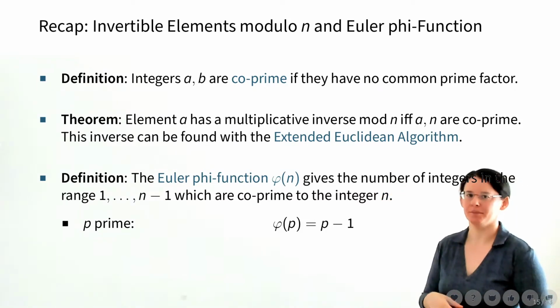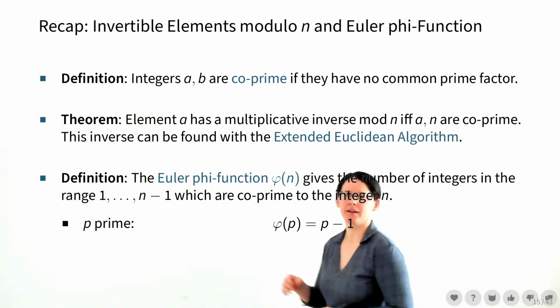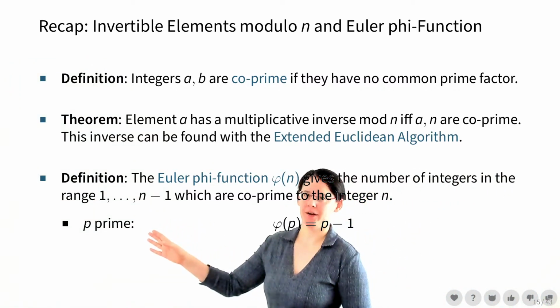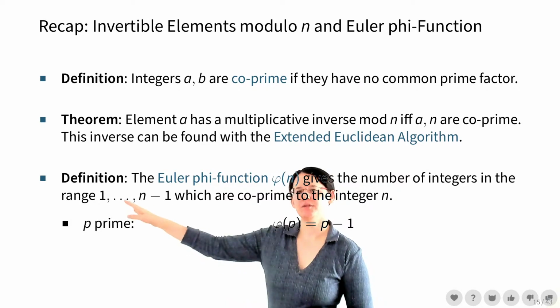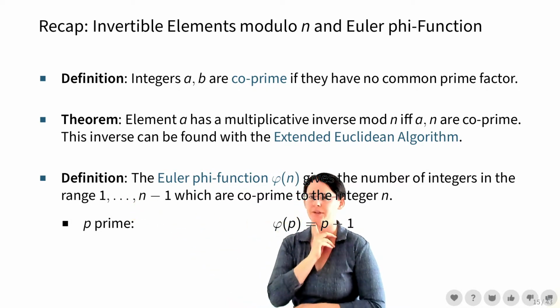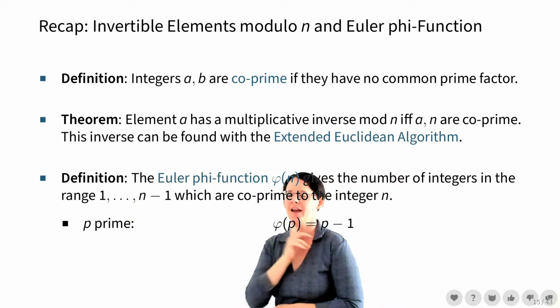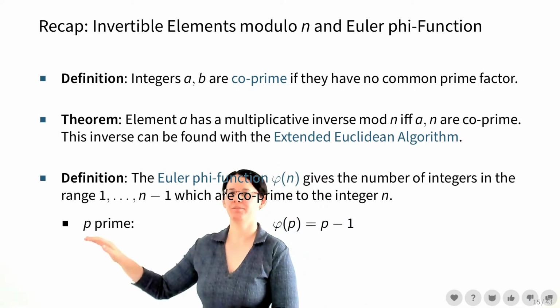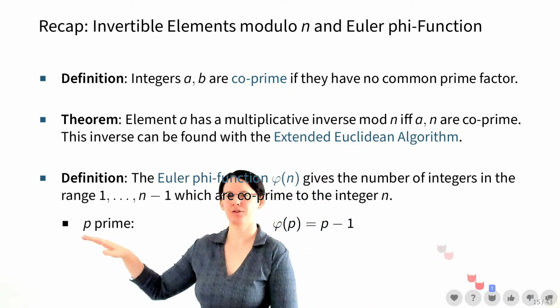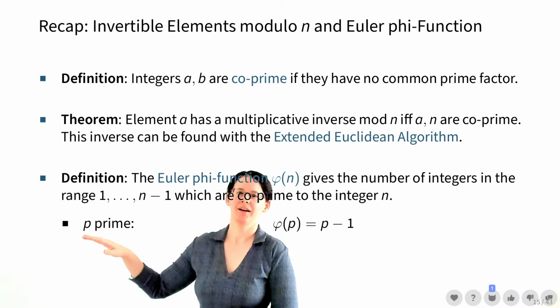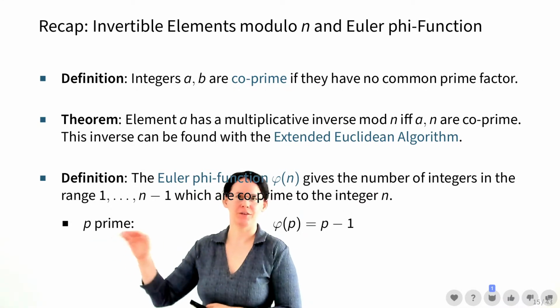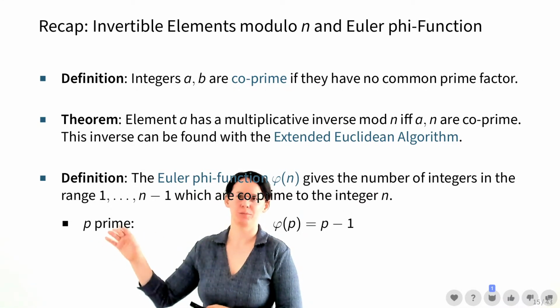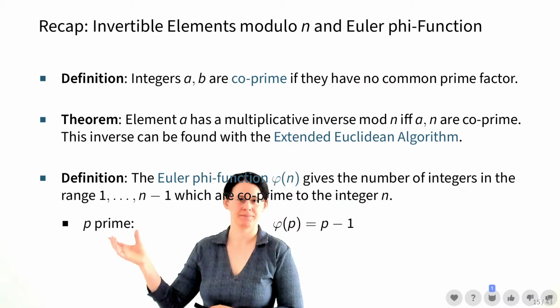So how big is this number? Let's have a look at some examples. If p is a prime number, then which numbers below it are coprime to p? Well, can there be any number smaller than p which has a shared prime factor with p? No, of course not, because otherwise, if it had such a shared prime factor, p wouldn't be prime itself, right?